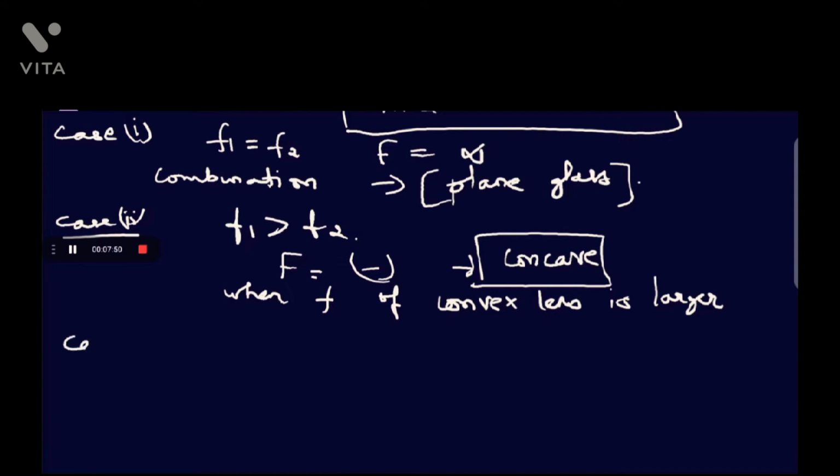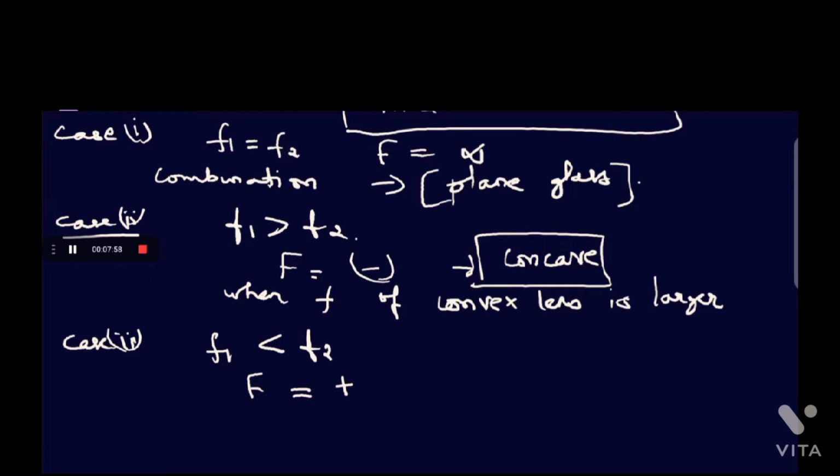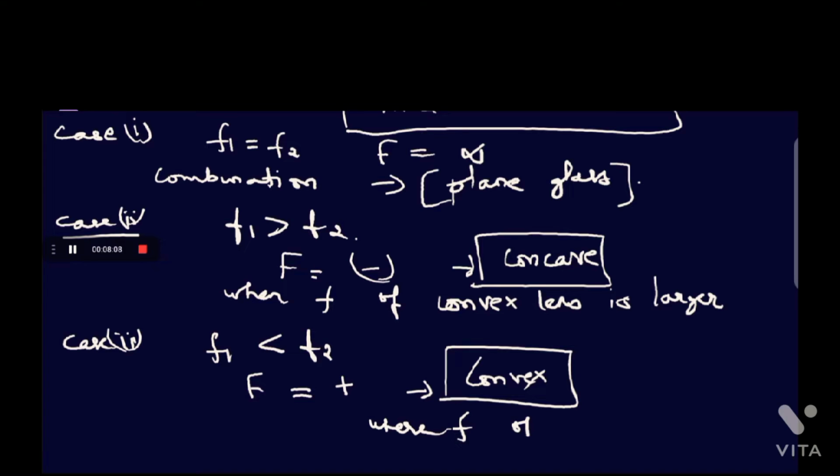And then the next one is case 3, f1 is lesser than f2, so that the total combination will be positive, and this leads to the total combination being a convex lens, right? This will happen where the focal length of the convex lens is smaller. If you keep this in mind, you can apply it in a conceptual question or in a problem. So this is about the combination of lenses.